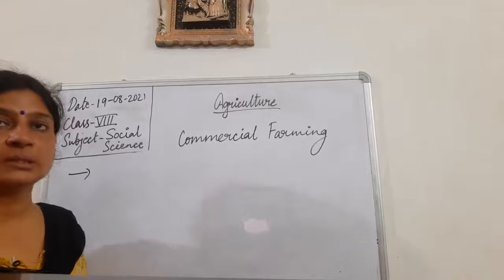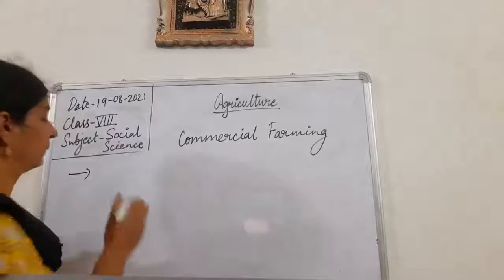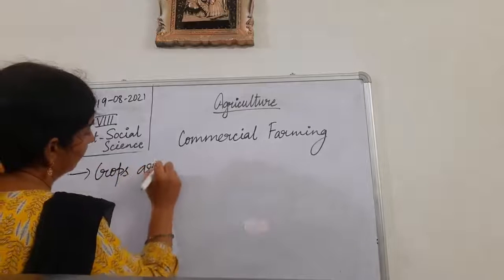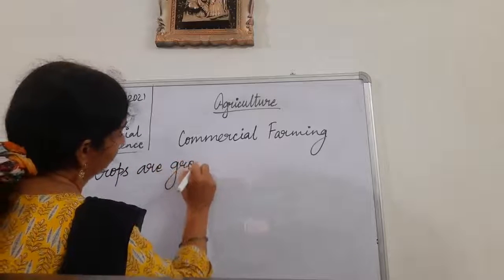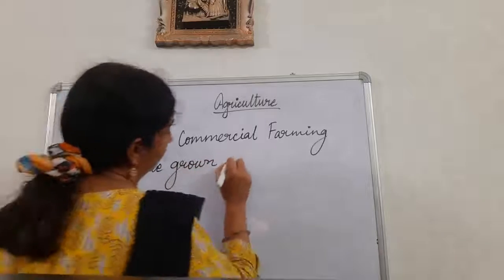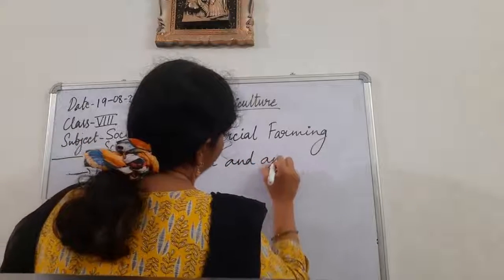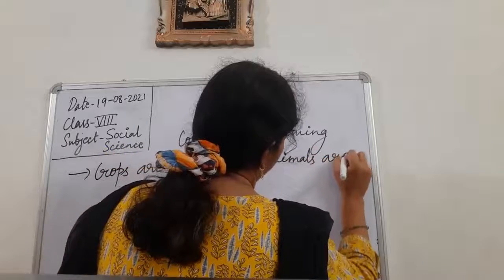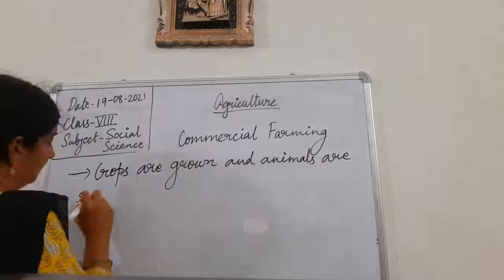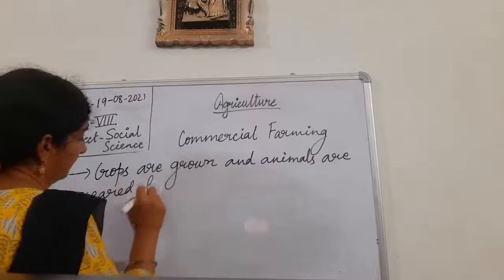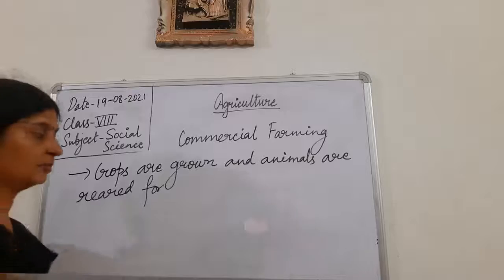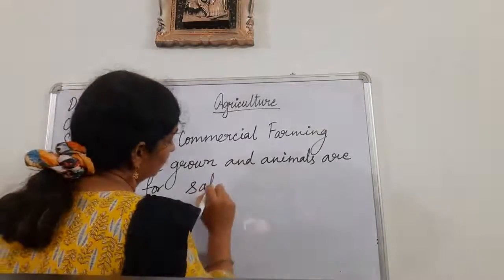listed. First is crops are grown and animals are reared for commercial purpose, for sale in market.